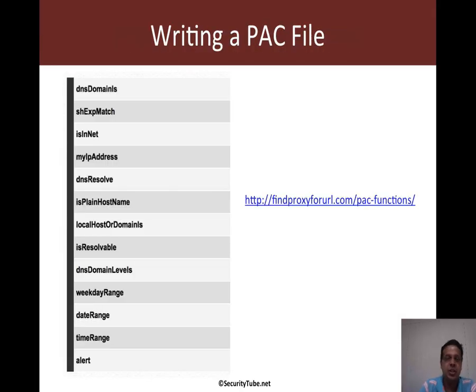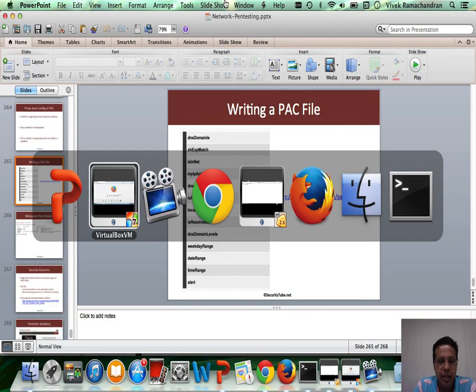Now, as I mentioned, the PAC is written in JavaScript, but we have very limited functions which we can use, apart from regular JavaScript where we can add, subtract, try searching patterns and all of that stuff, right? So I've given you the link.